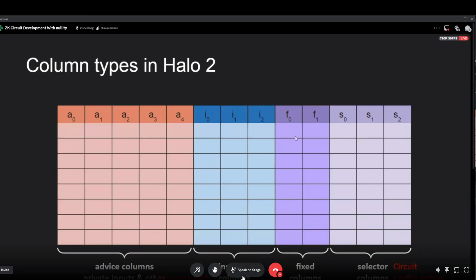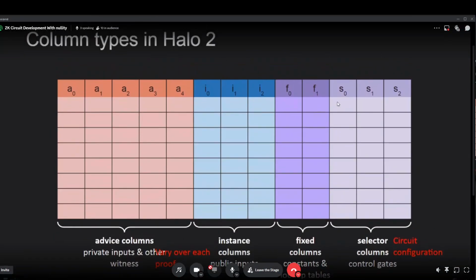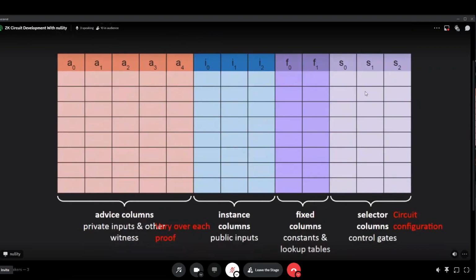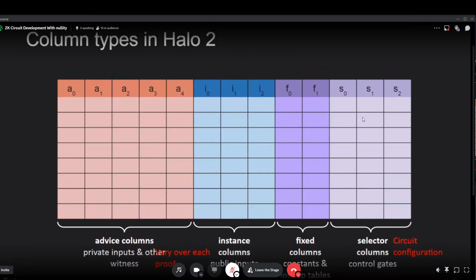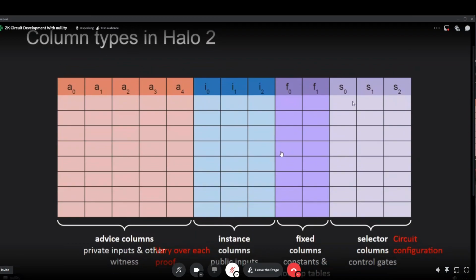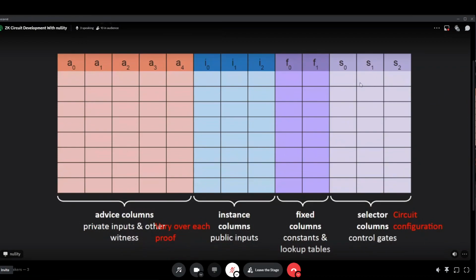We could enter the value over here. The next is our selector columns, where we specify if the following gate has to be on or off. So mostly the value is 0 or 1. And if you have a gate which defines, A0 plus A1 has to be equal to F1, there has to be a selector over here specifying you have to perform this operation. So this is about Halo 2.